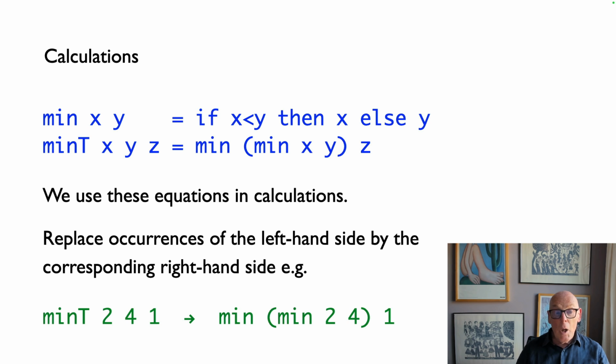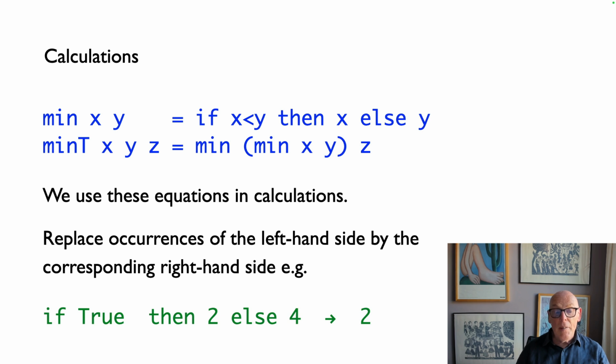So for example, we've got the equation min t x y z is min of min x y and z. That, for example, in a calculation will be used as min t of 2, 4 and 1 is replaced by the minimum of min 2 and 4, and 1.